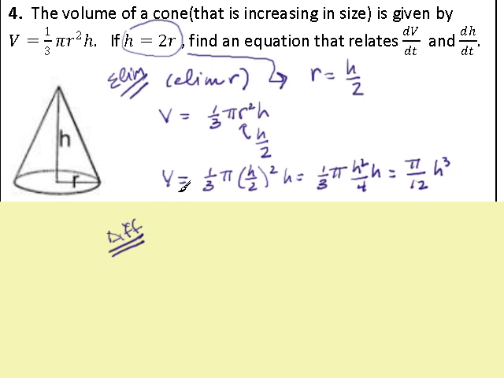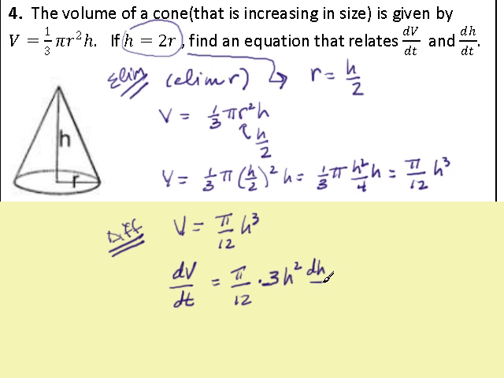We'll take our formula that has r eliminated, V equals pi over 12 h cubed, and now differentiate. dV/dt is equal to pi over 12 times 3h squared dh/dt. That's basically it.